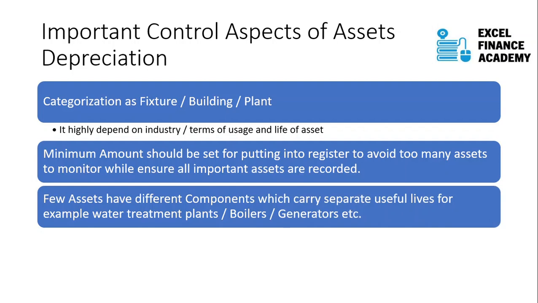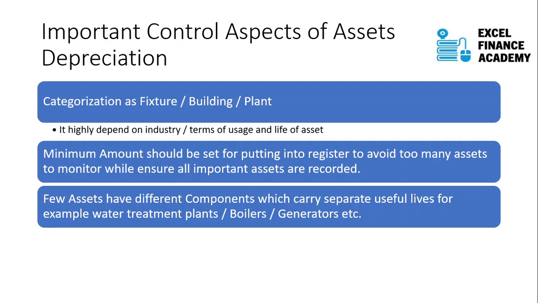Okay, and the components. If you are buying a very big asset which has a lot of components, you may have different components which have different lives. We need to recognize them differently. If you are buying a water treatment plant, the water treatment plant has a chamber, motors, and pipes, all of different value.